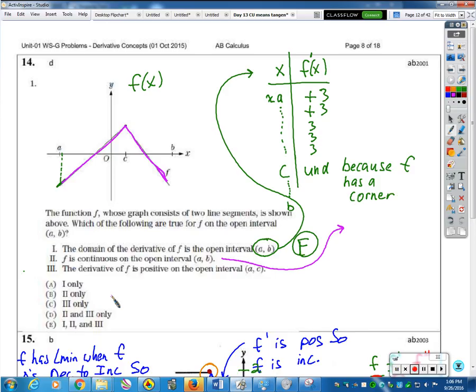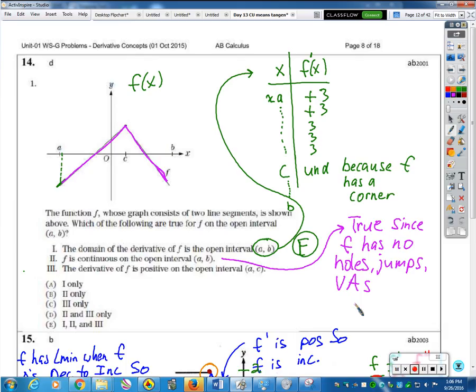No. So this is a true statement. Questions?